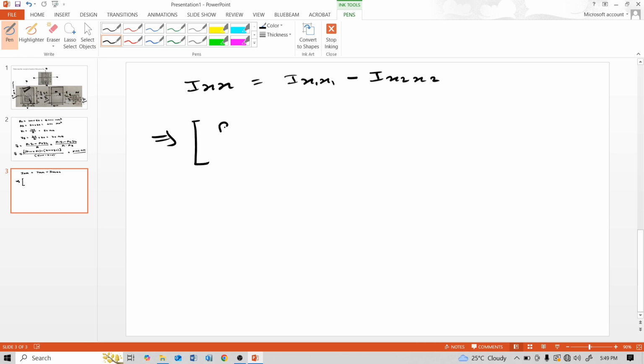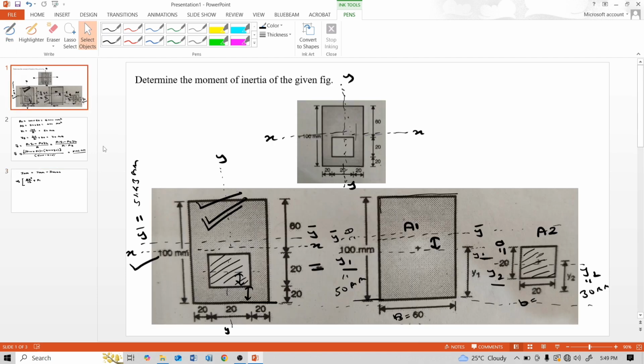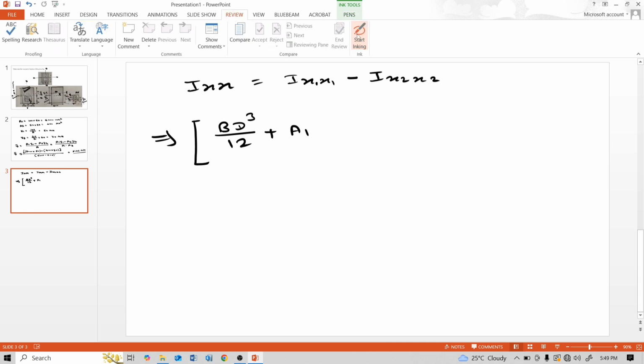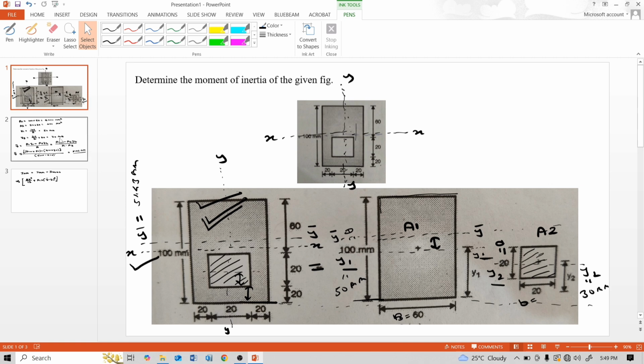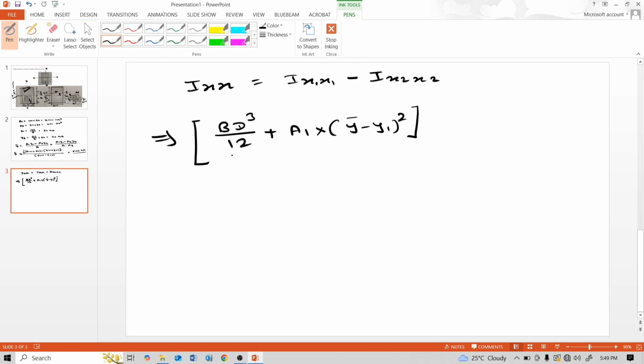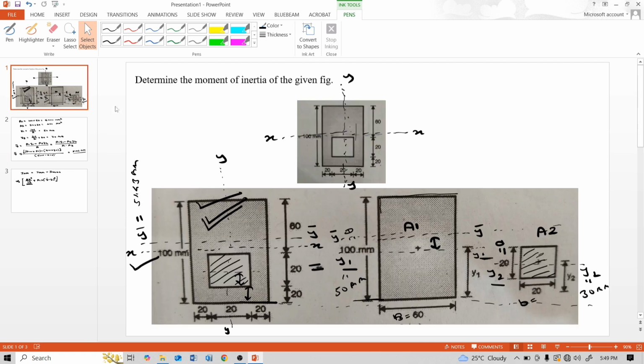So Ixx1 is capital B capital D cube by 12 plus area of this rectangle A1 into y bar minus y1 square. This part, BD cube by 12, is the moment of inertia about this rectangle's original centroidal axis, which is at 50 mm.